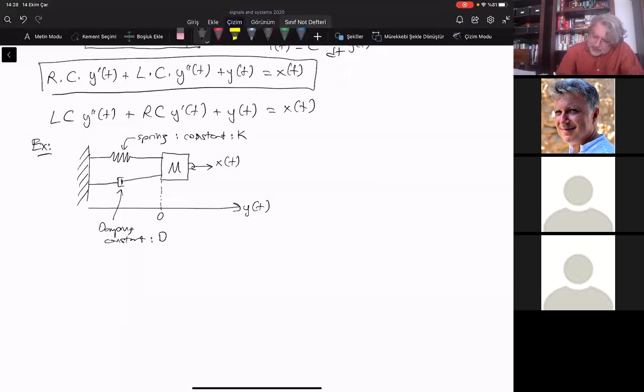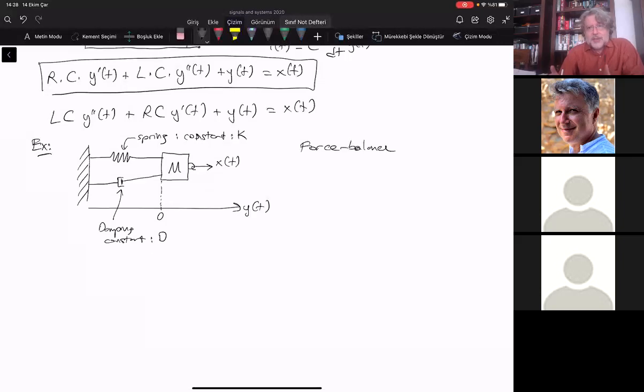Now the force balance is the thing that we have to write. The loop equation or the circuit equation, we are going to write the force balance. First of all, there is one thing that is the output, and that is the net force.